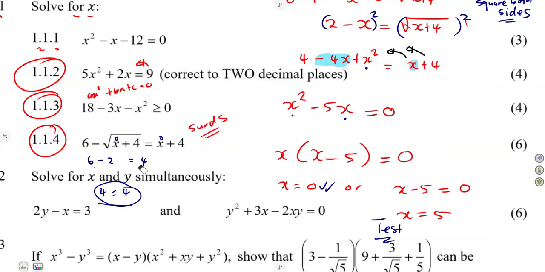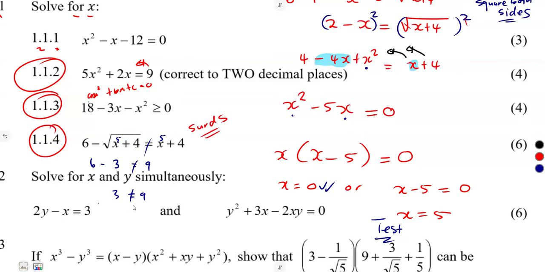What about when x is equal to 5? This here is now a 5, this is a 5. So it was going to be 6 minus the square root of 5 plus 4, that's 9, and the square root of 9 is 3. And that's equal to 5 plus 4, that's a 9. 6 minus 3, that's a 3, equal to 9. These two are not equal.